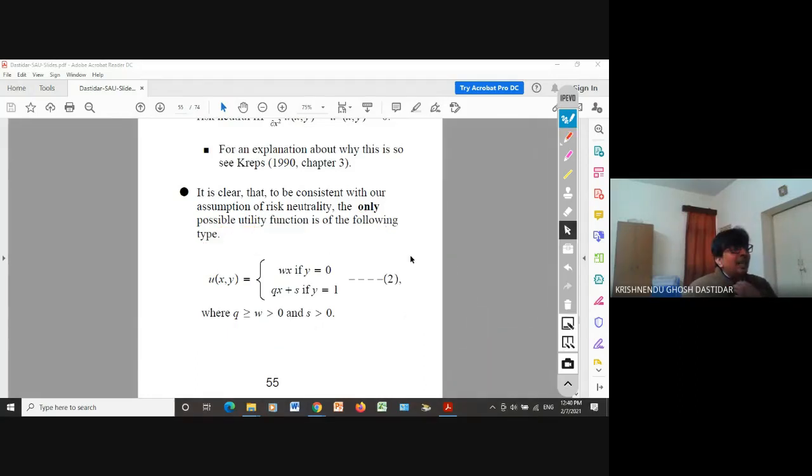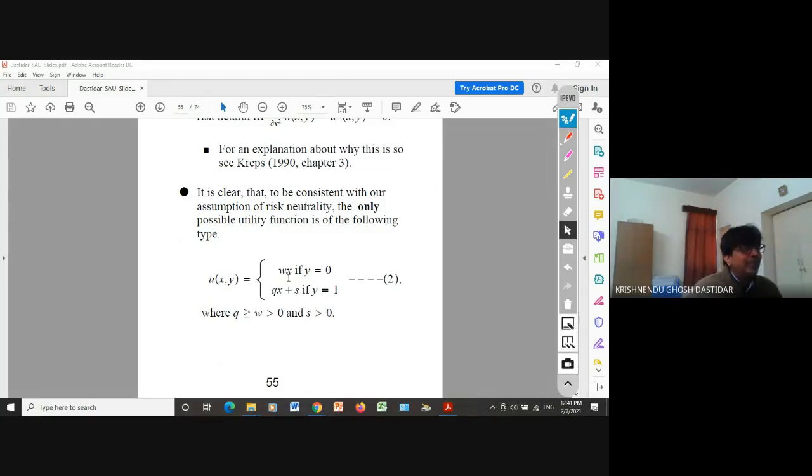Okay. Now, this utility function will display risk neutrality, and now look at this q. Q is the marginal utility of x when you consume y, and w is the marginal utility of x when you don't consume y. Now, since q is greater than or equal to w, the marginal utility of x is greater than or equal when you consume y than in the case when you don't consume y.